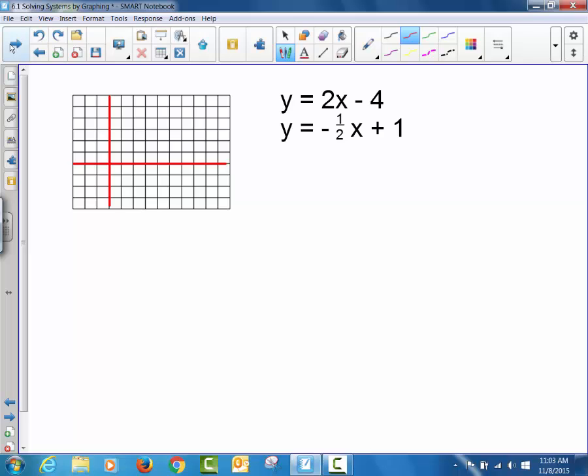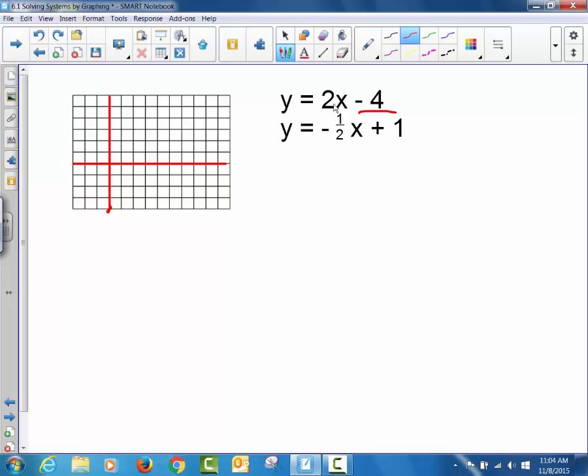Okay, we've got another one here. y equals 2x minus 4, and y equals negative 1/2 x plus 1. So once again, we graph the negative 4, and we go 1, 2, 3, 4, and we put our dot.